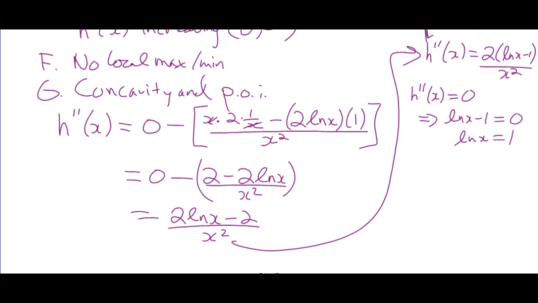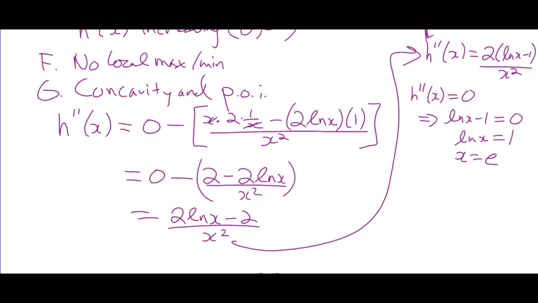So what's x? e. So x is e. I'm kidding. You're just changing from logarithmic form to exponential form. ln is log base e, so the base is e, the exponent is 1, and the value is x.